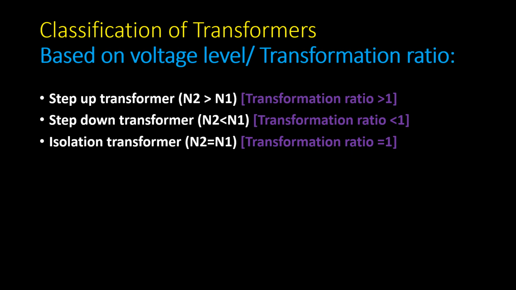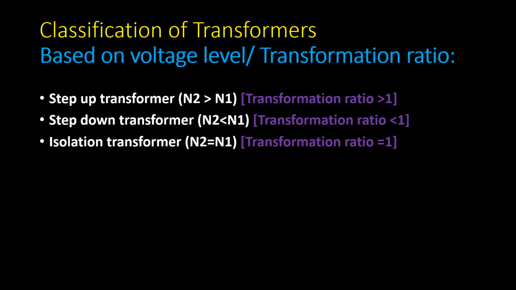So if my requirement is to raise the voltage, I have to go for a step up transformer, and in a step up transformer, the number of turns on the secondary side is always more than that of the primary side. Okay. And transformation ratio, we will come across these terms in my next video.